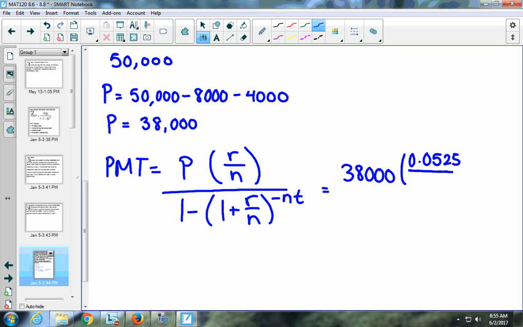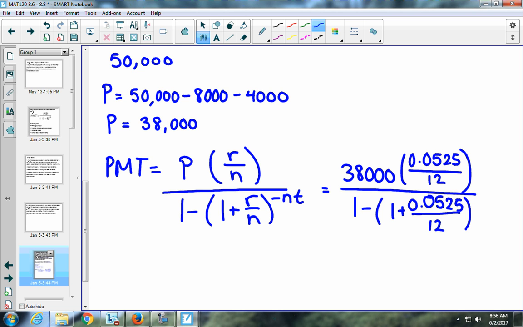That n, because they're asking for monthly payments, is 12. I have 1 minus, 1 plus. My rate is still that 5.25% in decimal form. I'm still making monthly payments. And I have the negative 12 times 4 for the 4-year loan.